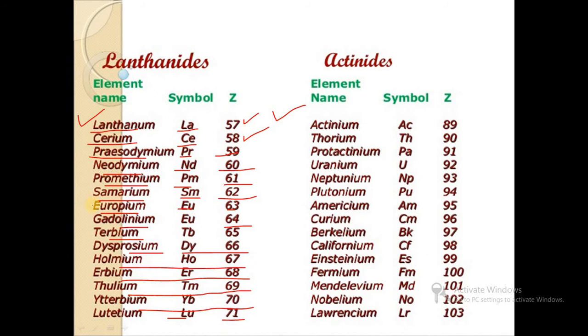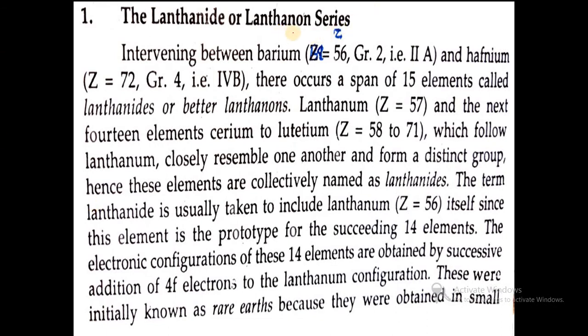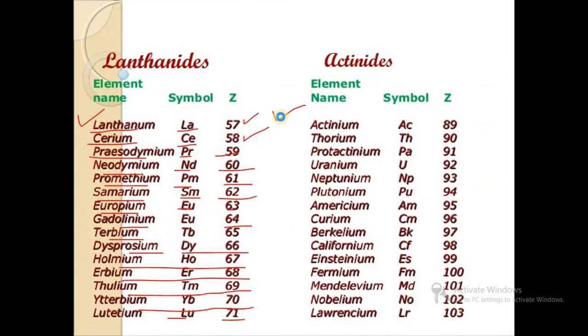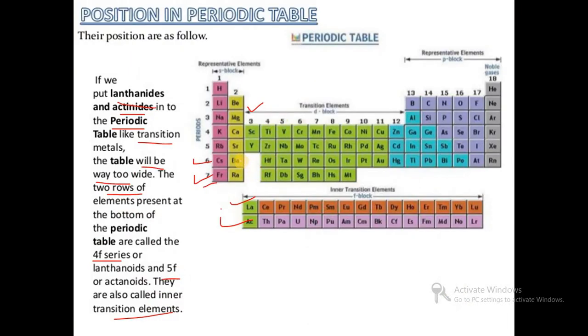All these elements from lanthanum to lutetium are collectively called lanthanons. In the lanthanide series, they intervene between barium, atomic number 56, group 2, and hafnium, atomic number 72, group 4. There occurs a span of 15 elements which are called lanthanides or better lanthanons, positioned between barium and hafnium.